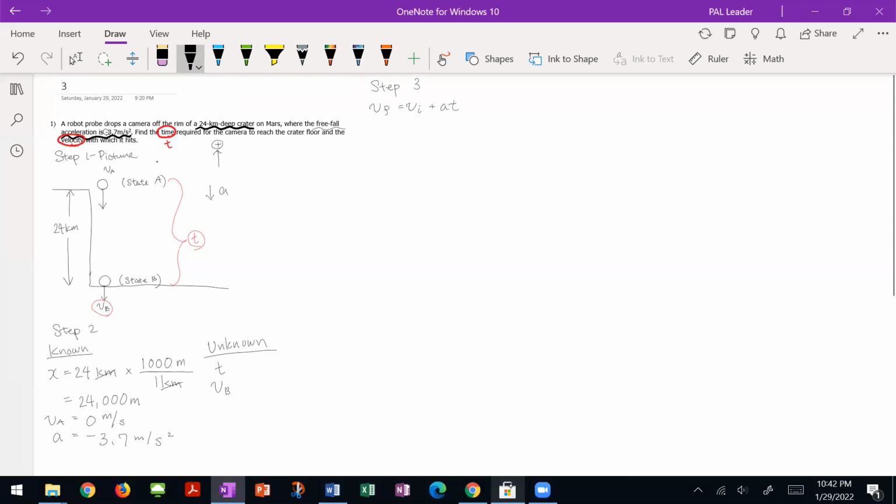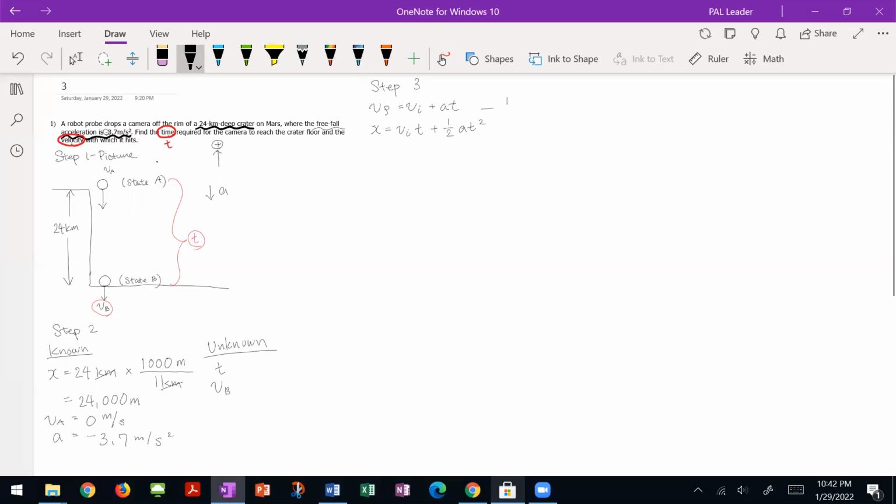In our case, the final velocity would be VB, the final state that we are at. The initial velocity VI would be VA. Distance would be the initial velocity times how long we traveled with it, plus half of the acceleration times time squared.